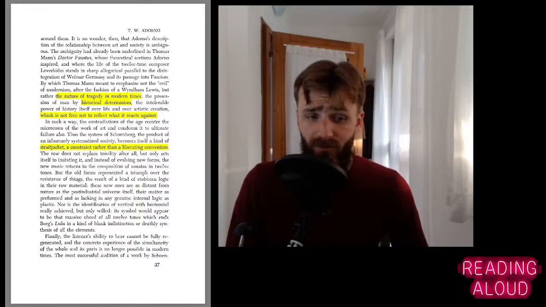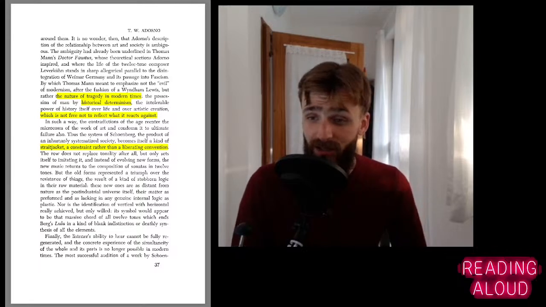The row does not replace tonality after all, but only sets itself to imitating it, and instead of evolving new forms, the new music returns to the composition of sonatas in 12 tones. But the old forms represented a triumph over the resistance of things, the result of a kind of stubborn logic in their raw material. These new ones are as distant from nature as the post-industrial universe itself. Their matter is preformed and is lacking in any genuine internal logic as plastic.